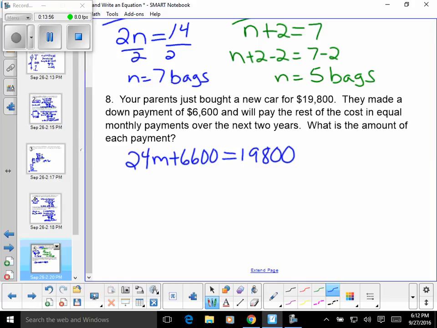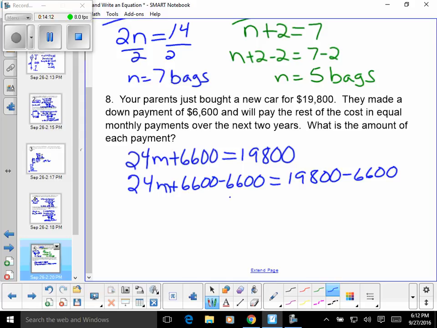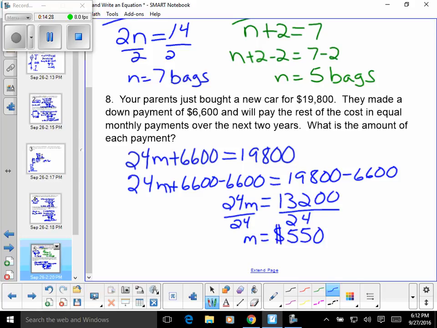At this point, you should be able to solve the equation by yourself. 24m plus 6,600 minus 6,600 equals 19,800 minus 6,600. 24m is going to equal 13,200. You're going to divide both sides by 24. By the way, yes, this is a calculator problem. And we should get $550 per month. By the way, now you know why most cars' payments are over 5 years rather than 2 years.